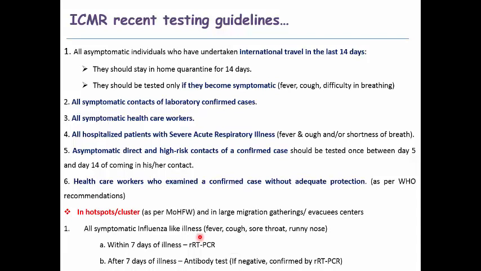And if the symptoms appear after 7 days of the illness, then they must be tested by antibody testing. Okay, and again if they are negative in the antibody testing, they must be confirmed by RT-PCR because antibody testing is not a confirmatory test. So this is the ICMR guideline on who should be tested for the coronavirus.